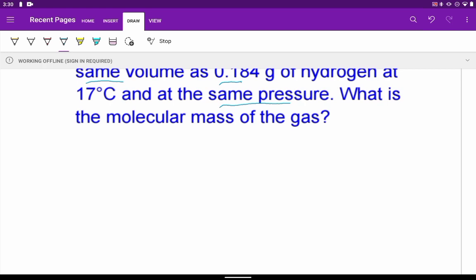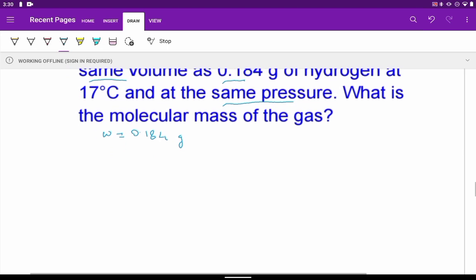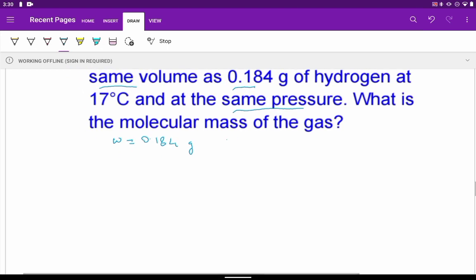First of all, we will put down the data. For hydrogen, what is the mass given? W is equal to 0.184 grams. Temperature given is 17 degrees C. We have to convert it into Kelvin. For converting, we should add 273.